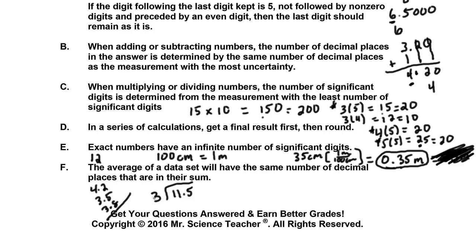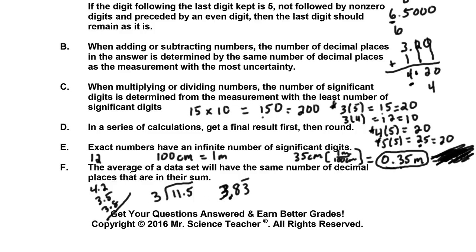And so when we take 11.5 and divide it by 3, we're going to get an answer of 3.833 repeating. So when we're trying to decide how many significant digits we have in the number 3.83, we're taking an average. So the average cannot have any more significant digits than that.